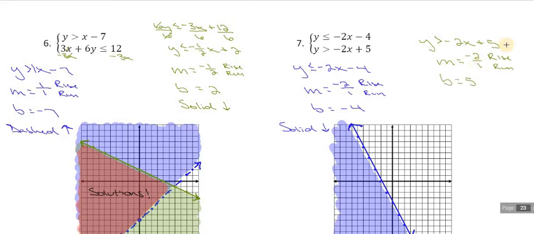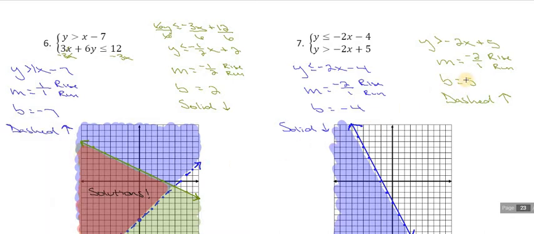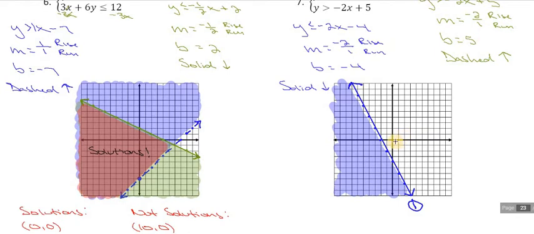So our y-intercept is 5. Because it is greater than, this is going to be a dashed line and shaded above. So let's get out our plotting tools. For the y-intercept of positive 5, go up to 1, 2, 3, 4, 5 on the y-axis, and rise negative 2, run 1.